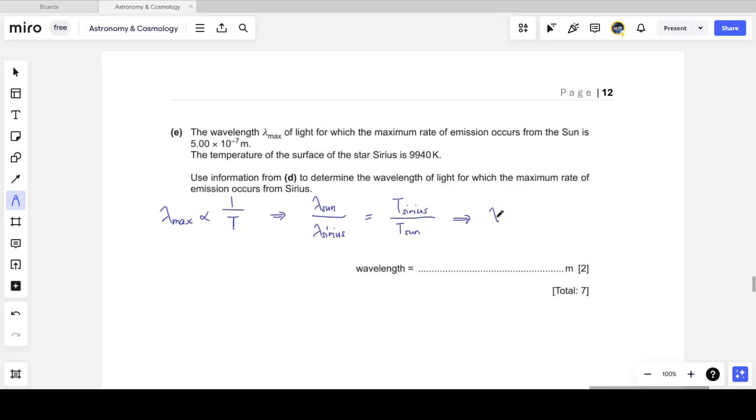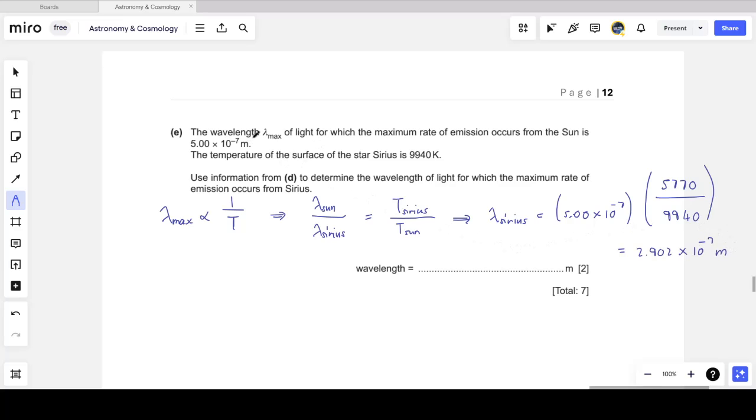I can just put my values in now: the wavelength at which maximum rate of emission occurs is 5 times 10 to the minus 7 multiplied by the surface temperature of the sun, 5,770 Kelvin, divided by 9,940 Kelvin. And so the wavelength here I find to be 2.902 times 10 to the minus 7 meters.